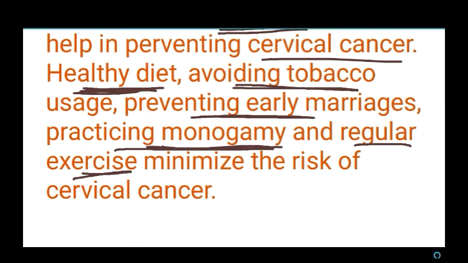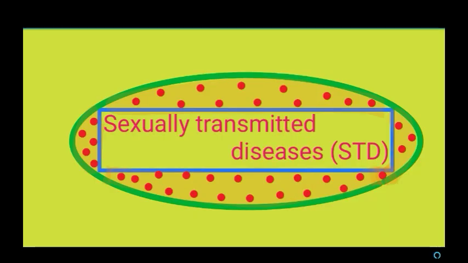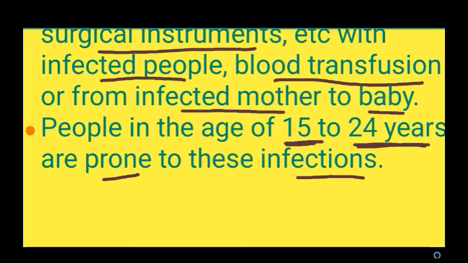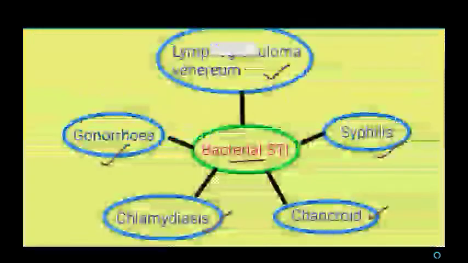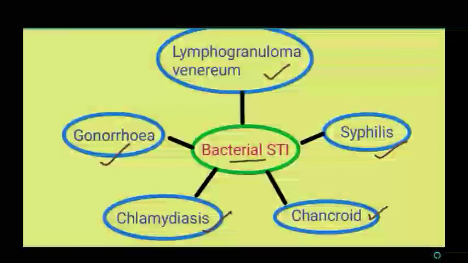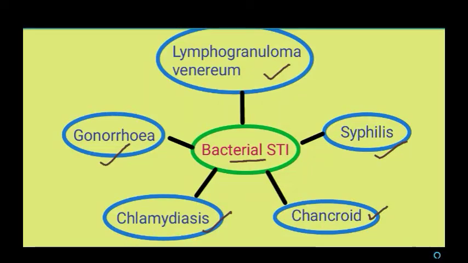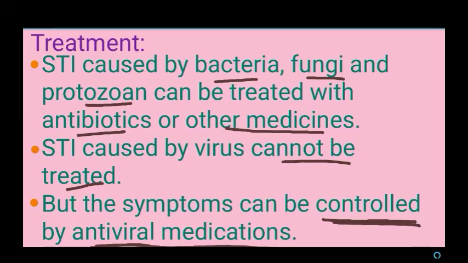If you practice all these things in your life, then we can minimize the risk of cervical cancer. So okay students, till now we have learned about sexually transmitted diseases: how these diseases are transmitted from one person to another, the different types of sexually transmitted infections based on the causative agents, how to treat them, and their prevention.